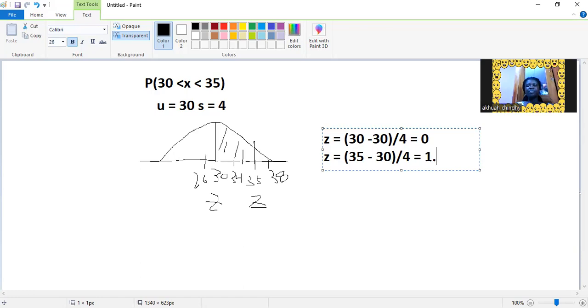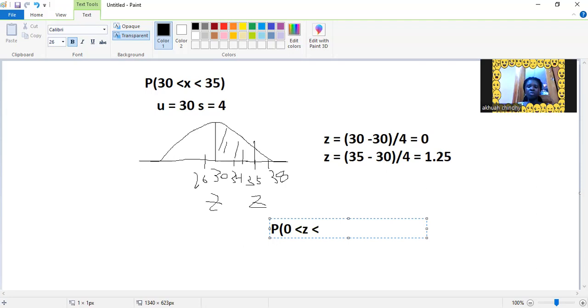1.25. So now we translate these figures into this form. Our focus on the table is to find the probability that z is greater than 0 but less than 1.25. Whenever you are writing intervals, the smallest figure always comes first, then the bigger figure.